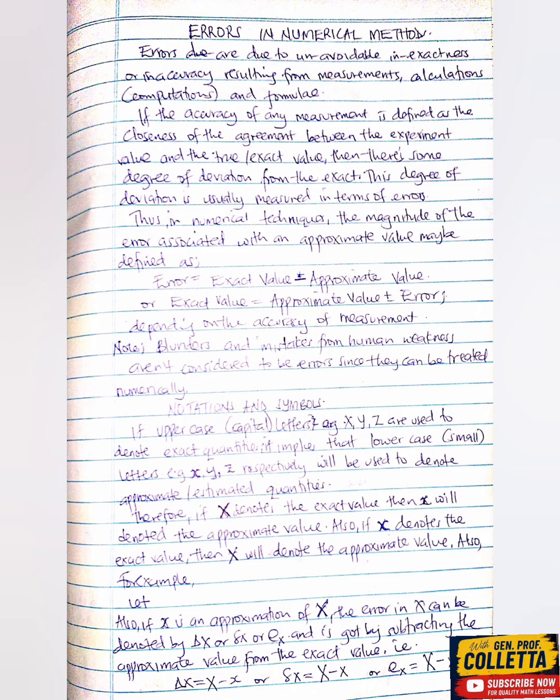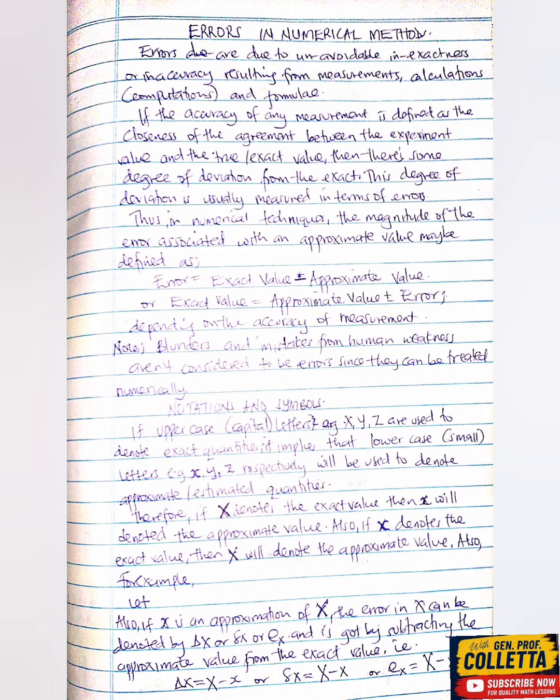For example, if small x is an approximation of capital X, it means from that statement that small x is the approximate. They are approximating capital X with the small x. It means that the error in capital X will be denoted by something. We have some things we use to denote the errors. For example, you can use dx, or sigma x, or the error in x.